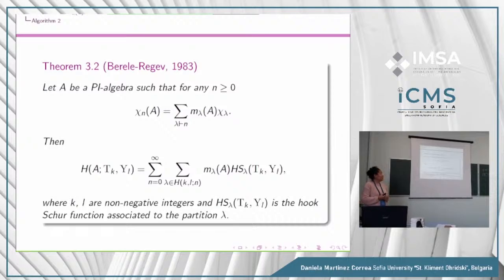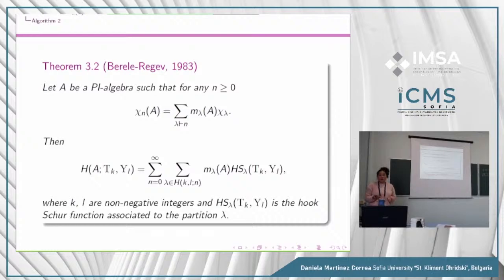So, if you can write this double Hilbert series like this sum, the coefficients n lambda are the multiplicities for the cocharacter sequence of the algebra A, when lambda is contained in the cube K. So we need to find the double Hilbert series related to UTN of E if we want to know these multiplicities.